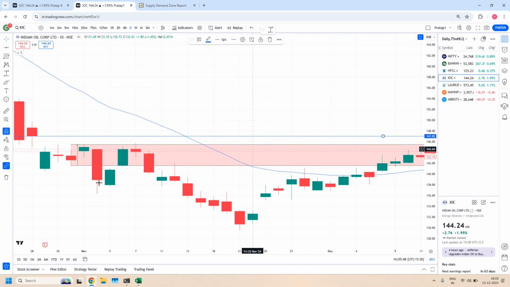Even if you draw up to here, how does this area come under the zone, between this blue line and the distal line of this zone? Where is it coming from? That is what you have to understand.